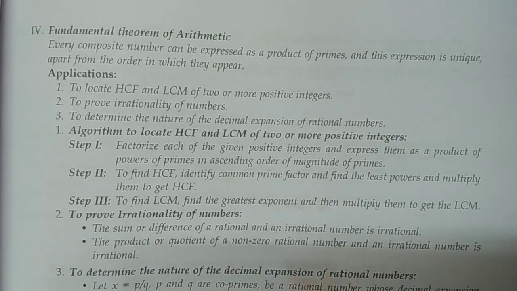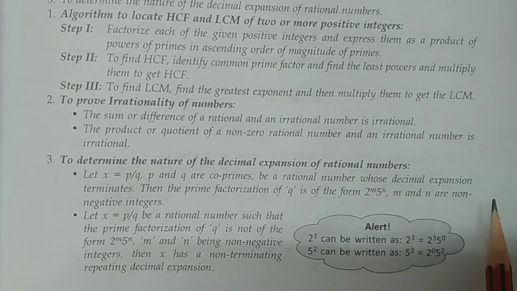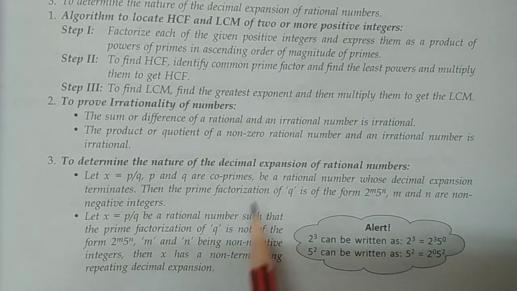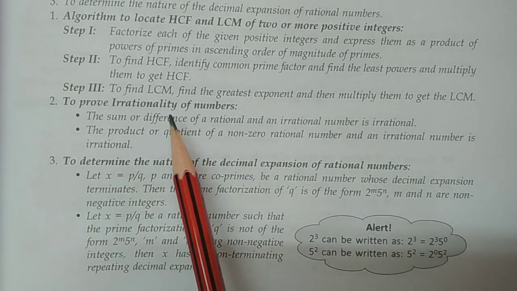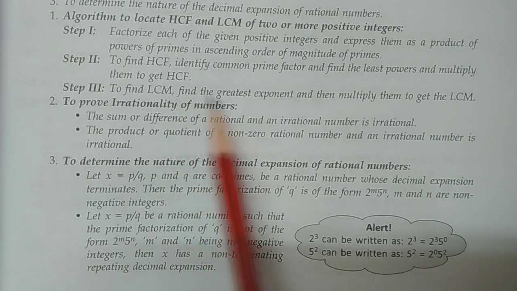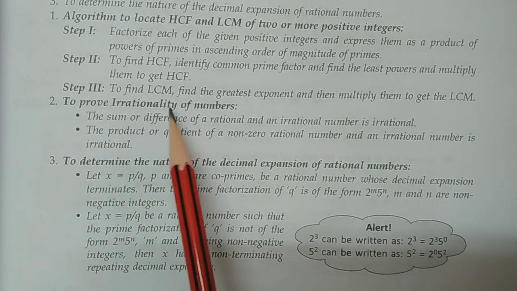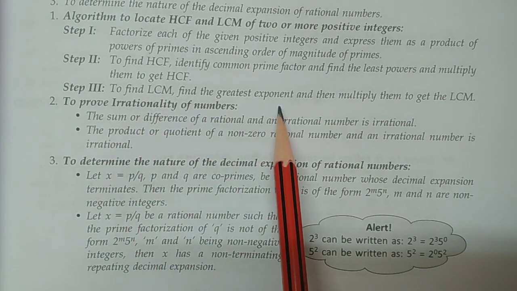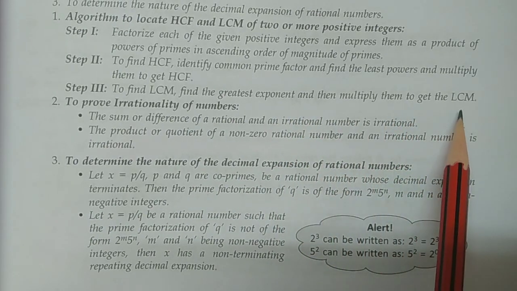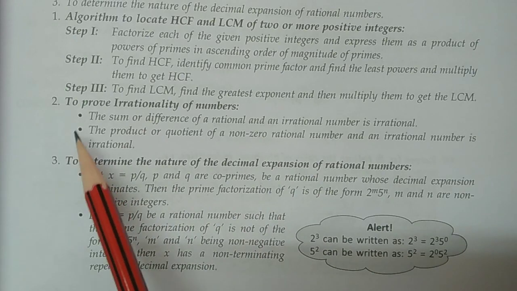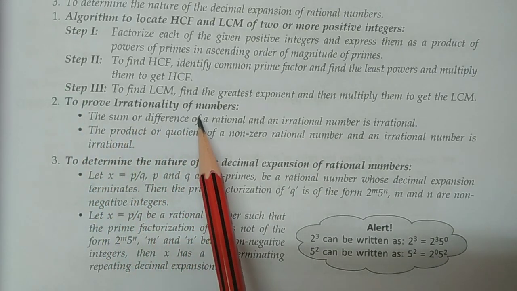Now next we can cover these things. So we have done to multiply for HCF. Now, third step we have done to find the LCM: find the greatest exponents and then multiply them to get the LCM. Getting?